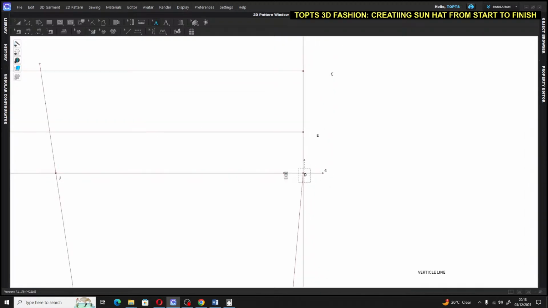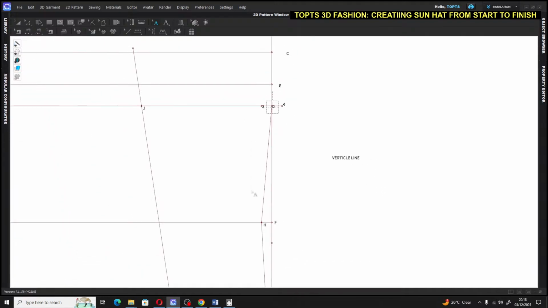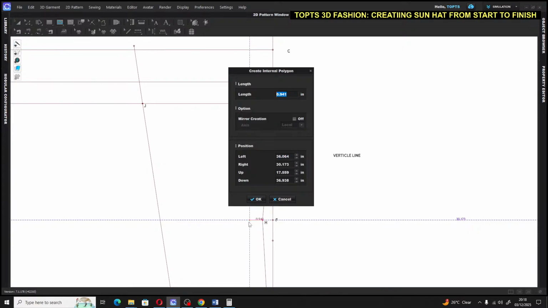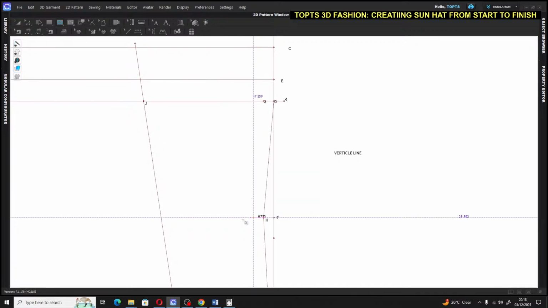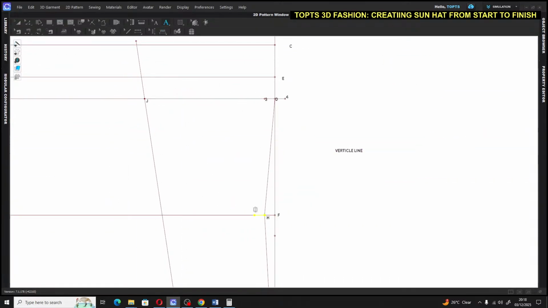You're going to understand. So once we are done with this, the next thing that we are going to do is to go to the elbow line. At the elbow line point here, we are also doing the same. So we are going to mark inwards 0.75, and we label this point 5.